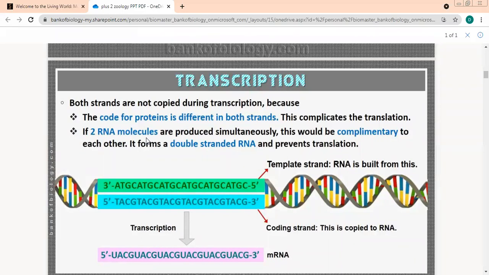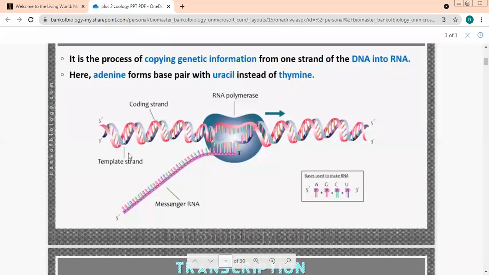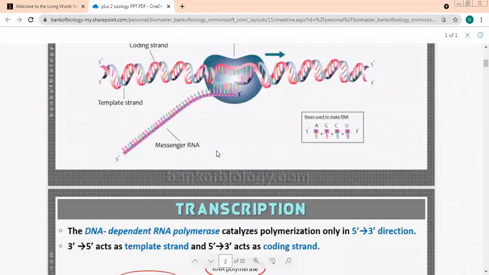So both the strands will not be copied together during transcription. If two RNA molecules are produced simultaneously, they would be complementary to each other. We also said that we are going to pass on the DNA, and one strand was of DNA, children, and the other was of what? RNA. Okay, see this.